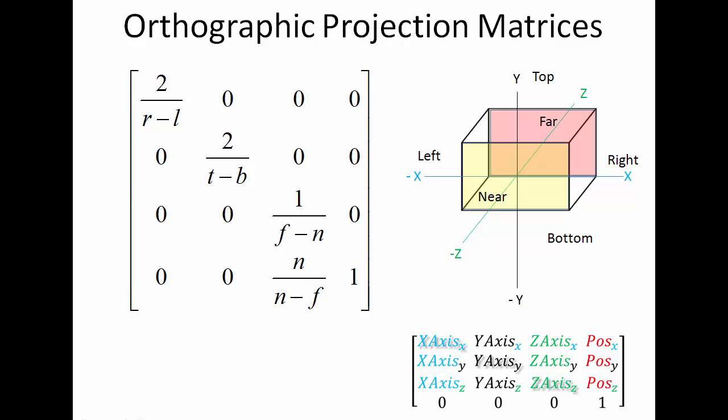Orthographic projection matrices. Your projection matrices are going to take your 3D world and project it onto a 2D surface so that it can be drawn on a 2D computer screen. You have this imaginary 3D mathematical world, and you just want to flatten that out onto a 2D surface so that you can draw it.